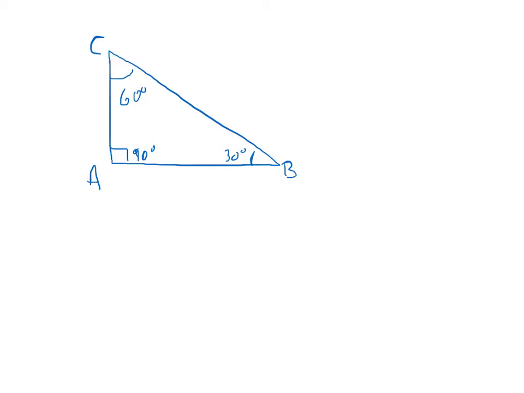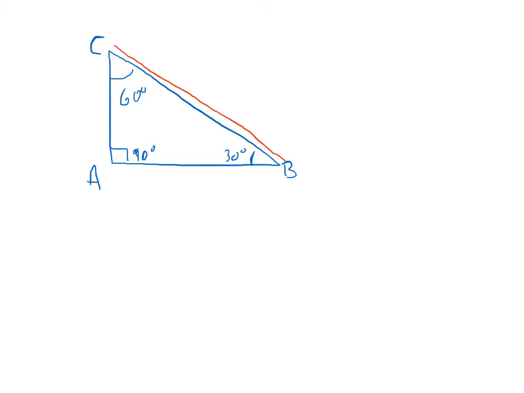And if you would correctly say, well, the 90-degree angle, you would be correct. And if I asked you which is the longest side, you would say, well, that side BC is the longest. And you would also be correct.